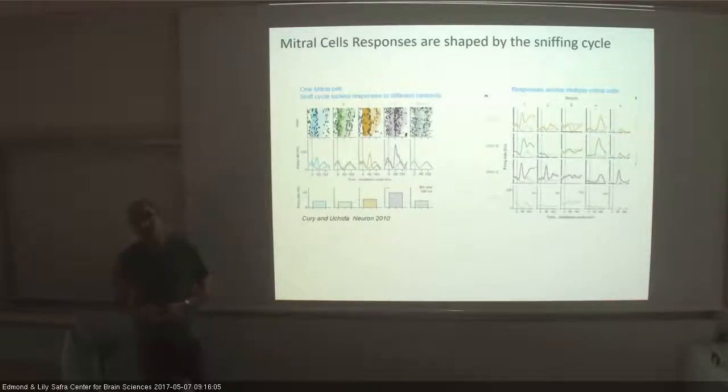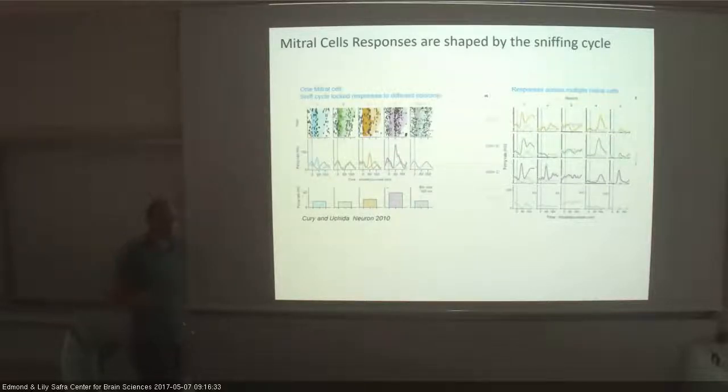Does the bulb have any motor input about the breathing? It's a good question, and it's not entirely known if there is direct motor input. One of the questions is what exactly causes this ongoing modulation. So the answer is not known exactly about the motor input.